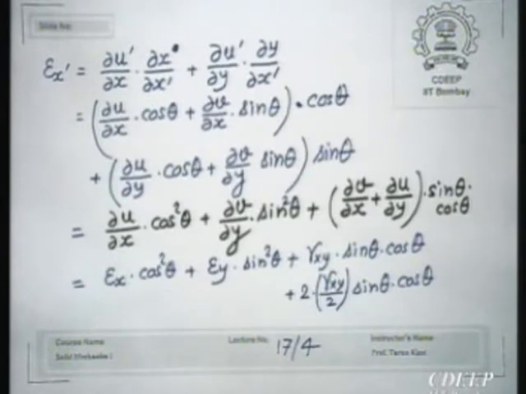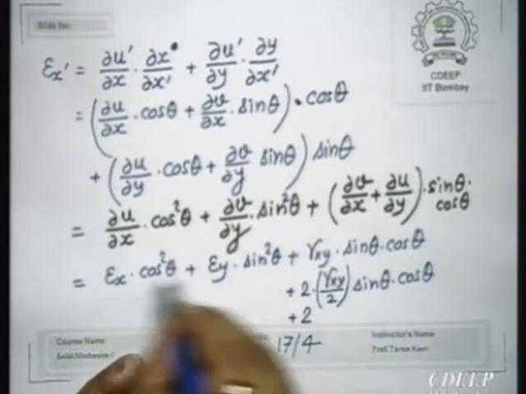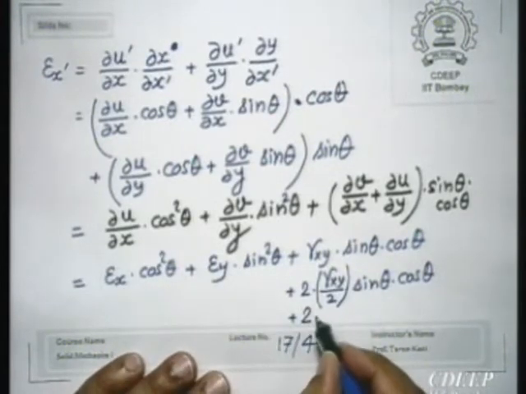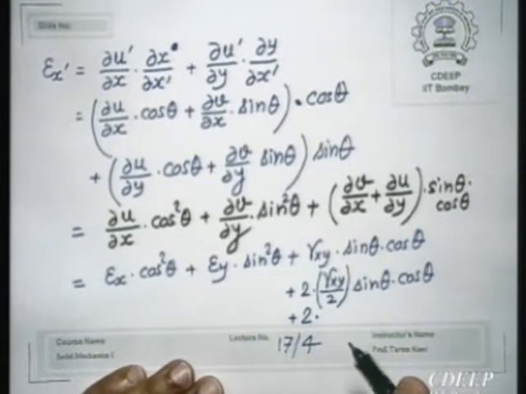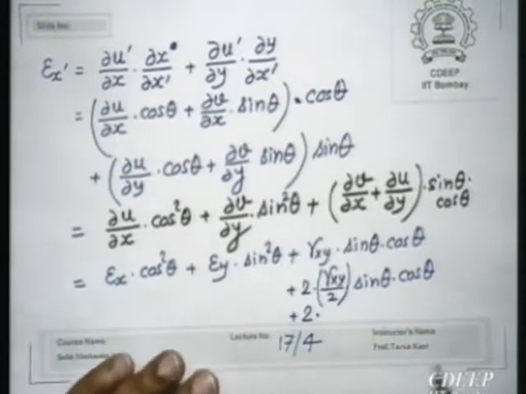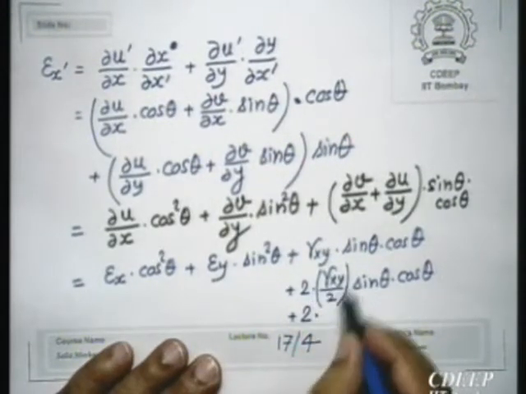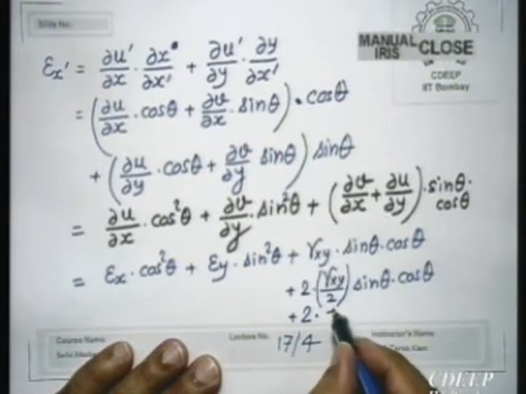So, this is a tensor transformation, simple Cartesian tensor transformation. Now, gamma xy by 2 I also sometimes write, because this epsilon x, epsilon y is tensorial component of engineering shear strain. Gamma xy is called engineering shear strain and tensorial component is called half of that. So, that we represent by E, not epsilon, E xy.